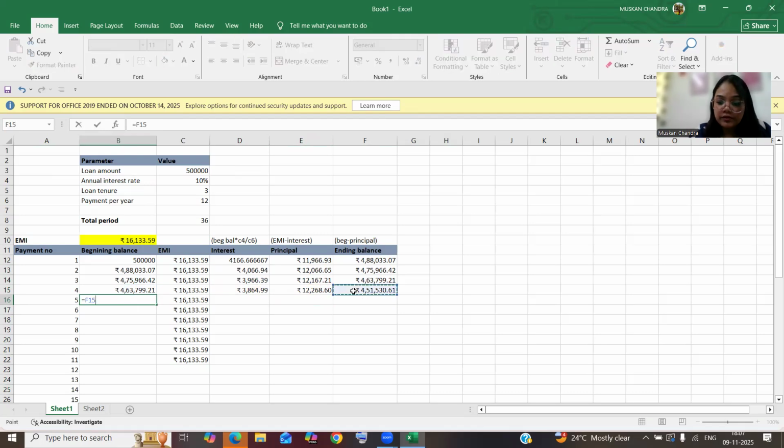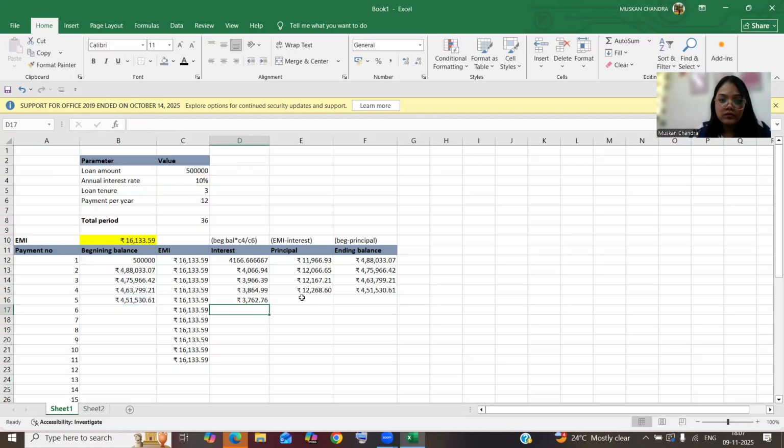Equals to beginning balance. Equals to EMI, 16,133.59, minus interest, 3762.76.